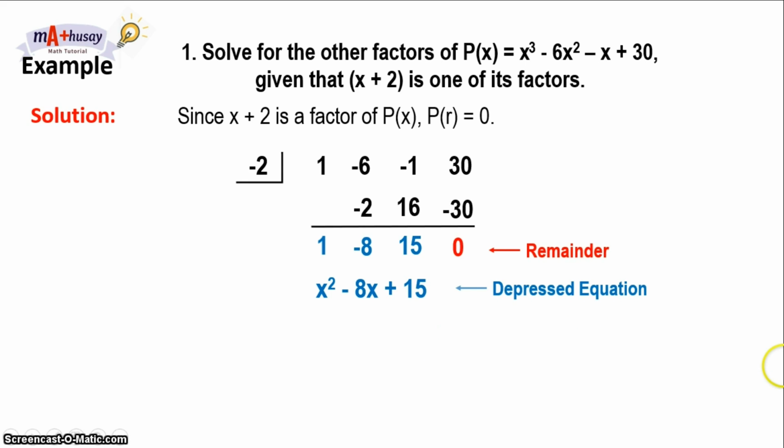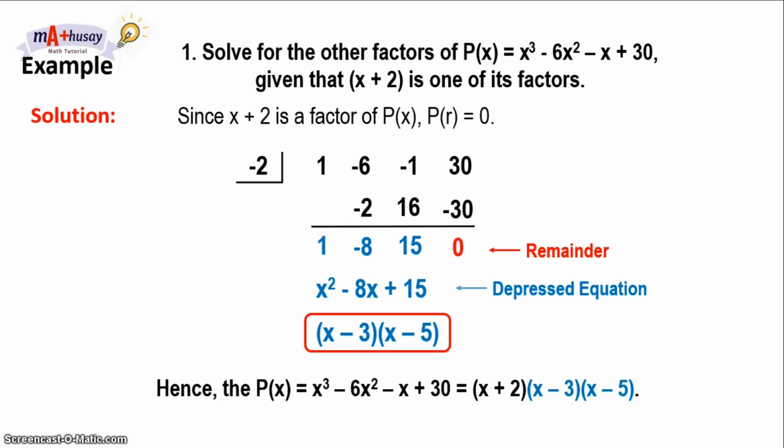The factor of x squared minus 8x plus 15 is the quantity x minus 3 times the quantity x minus 5. This means that the other factors of p of x are x minus 3 and x minus 5.